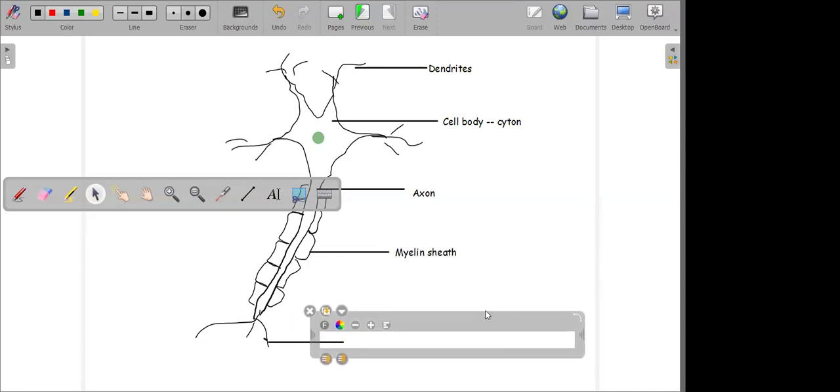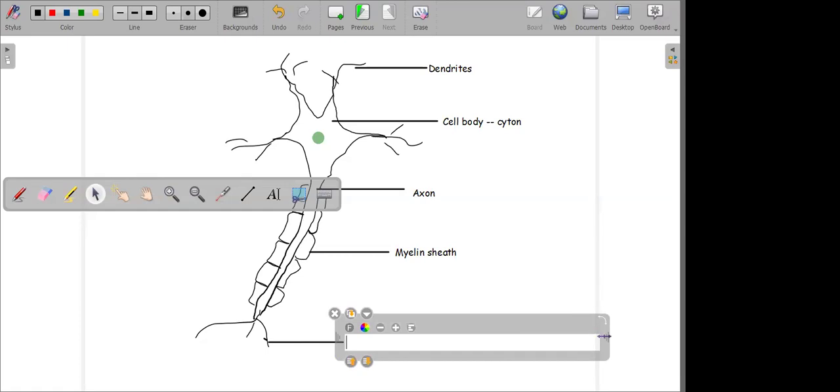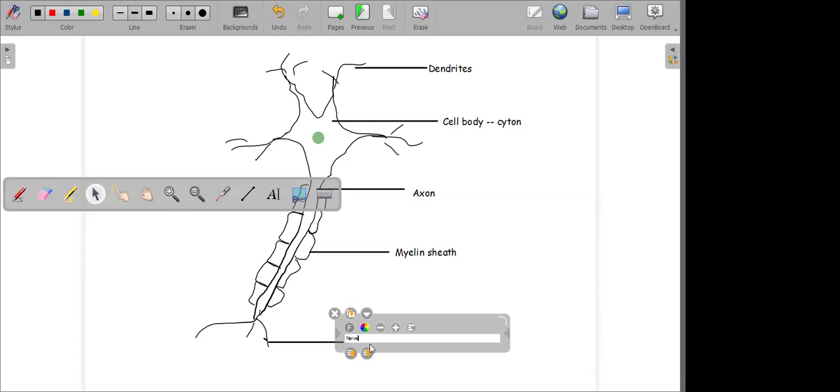Read here. These are nerve endings. The nerve endings, cell body, axon, dendrites.